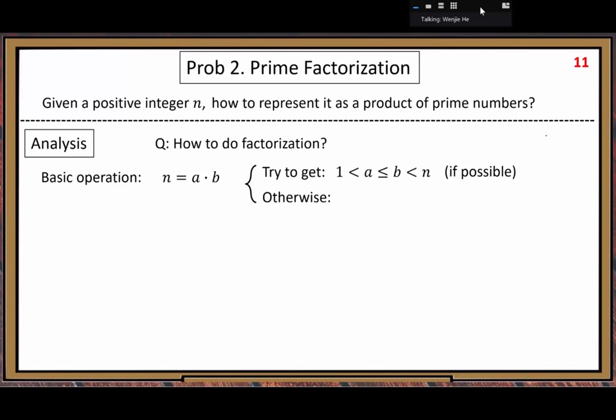Otherwise, n is a prime, under the condition that we can never find such A and B. If we try to get a factorization of A and B satisfying this condition, but after all the possible experiments we fail, then our conclusion is n is a prime. So that's the basic understanding.